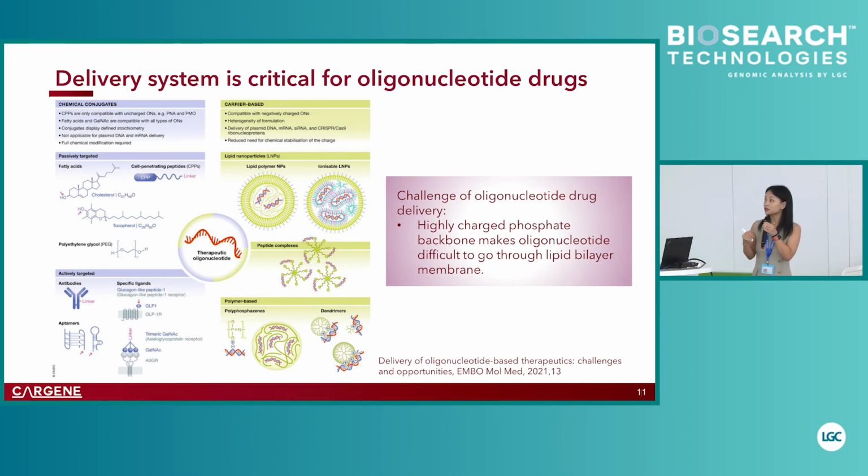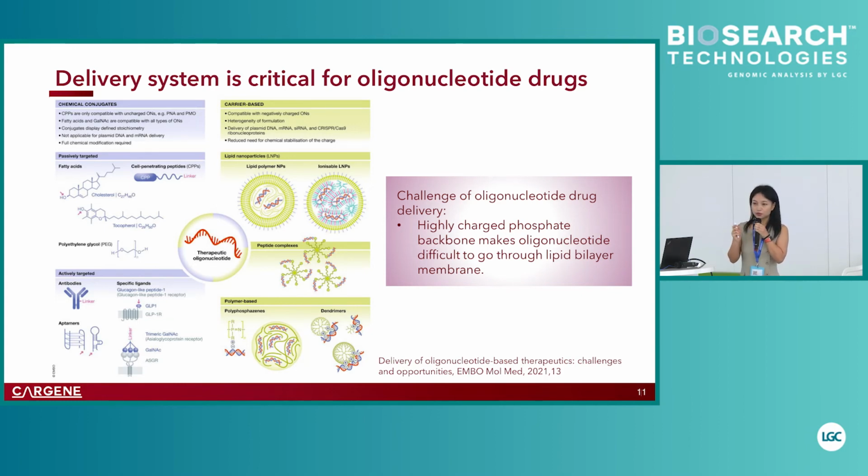By using this ligand receptor binding approach, it generates a pulling force, and the receptor can also go into the cell through endocytosis and then form an endosome. In that way, the oligonucleotides will be able to travel into the cell and then further release the siRNA.